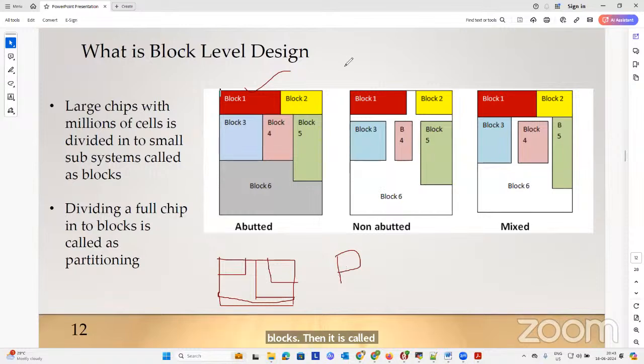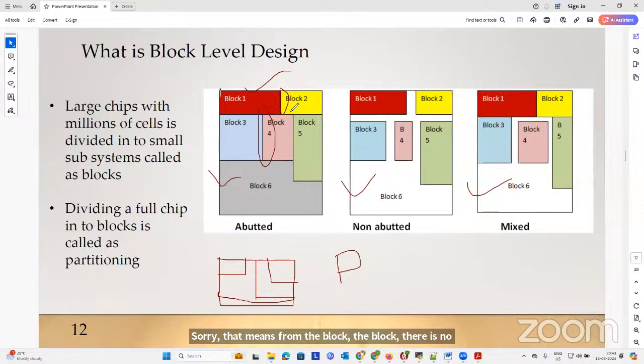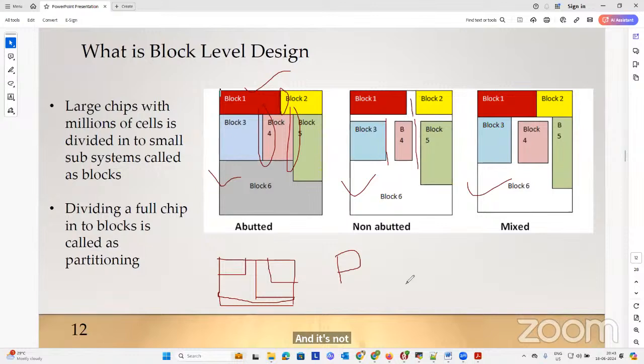There are different kinds of orientations like abutted, non-abutted, and mixed. Abutted means from block to block there is no spacing. In non-abutted, they are aligned in a different orientation and different dimensions. And mixed, combining abutted and non-abutted, is called mixed. Clear?